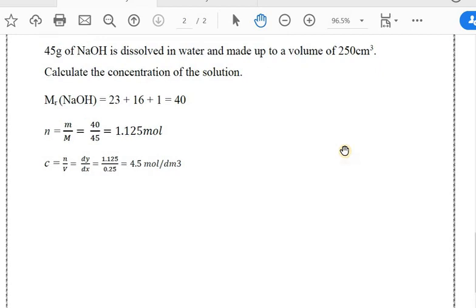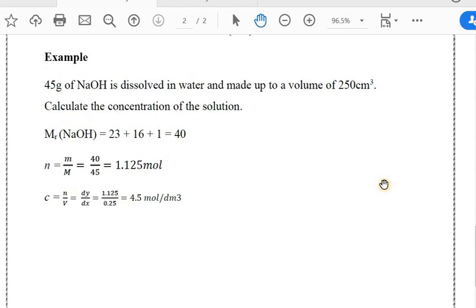You add them, you get a mass of 40, right? So you know that 40 grams is going to be equivalent to 1 mole. 45 grams will be equivalent to how many moles?